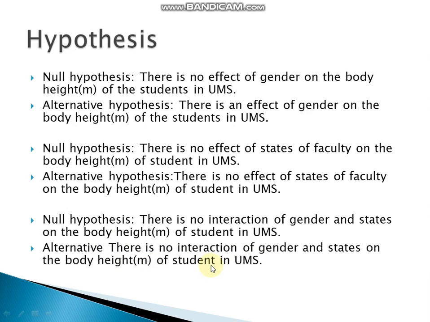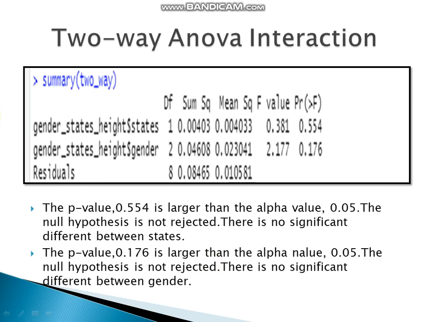So the conclusion is, in the two-way ANOVA, the p-value of 0.554 is larger than the alpha value of 0.05. The null hypothesis is not rejected. There is no significant difference between states. The p-value of 0.176 is larger than the alpha value of 0.05.